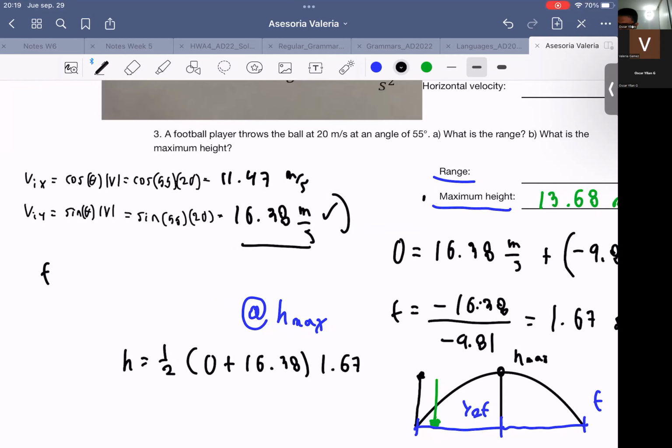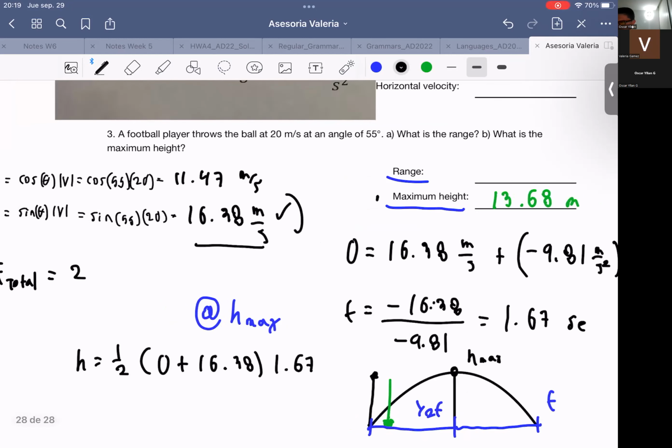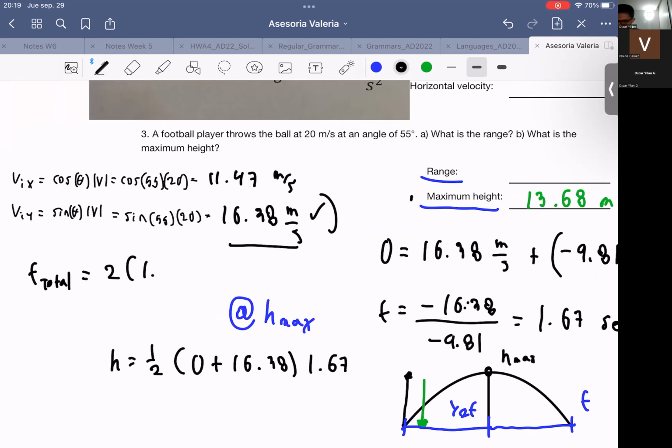So the total time is going to be 2 times what? 1.67. Perfect. So in that case, the total time is 3.34 seconds.